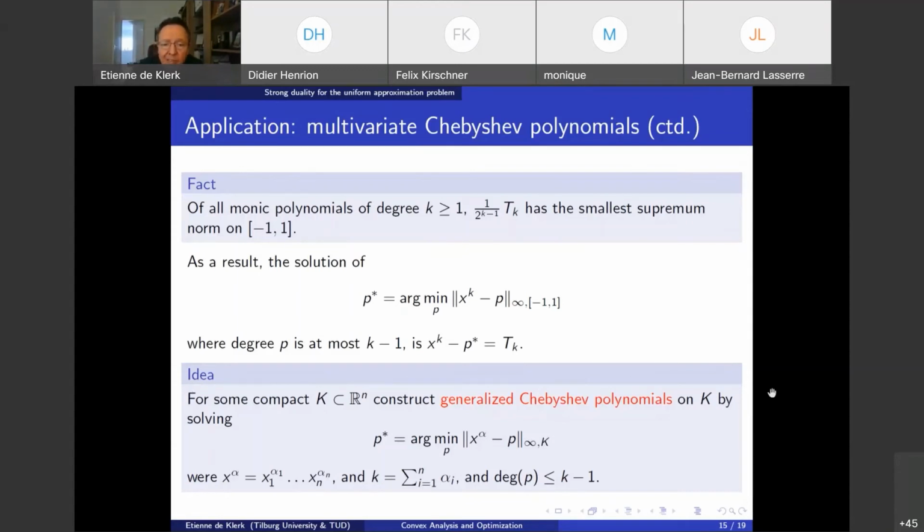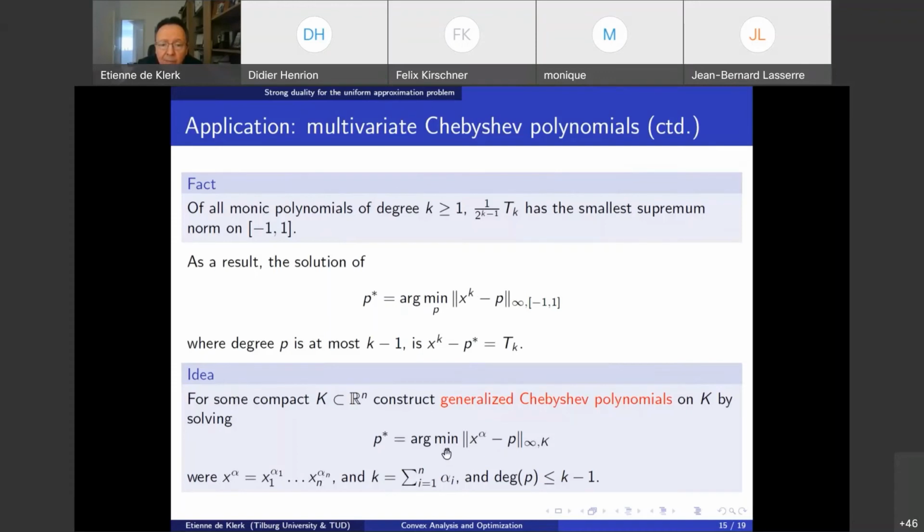But obviously, what we could do is mimic this and consider this uniform approximation problem. Instead of looking at x^k in the univariate case, we can look at x^alpha for some monomial. Now x^alpha is just a monomial, x_1^alpha_1 up to x_n^alpha_n in the usual notation.